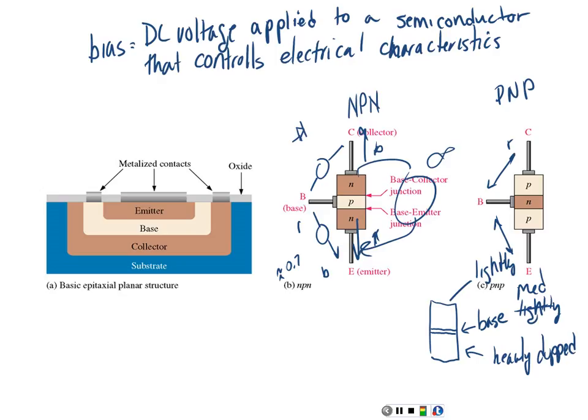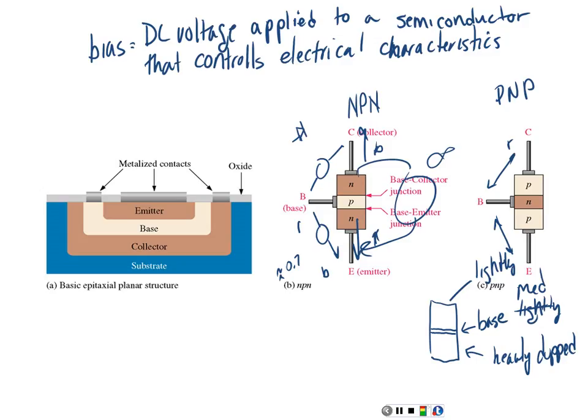So bias: a DC voltage applied to a semiconductor that controls or determines or sets its electrical characteristics. All those would be good definitions. So to make a transistor operate as a current valve, we're going to have to bias it. Y'all understand that?